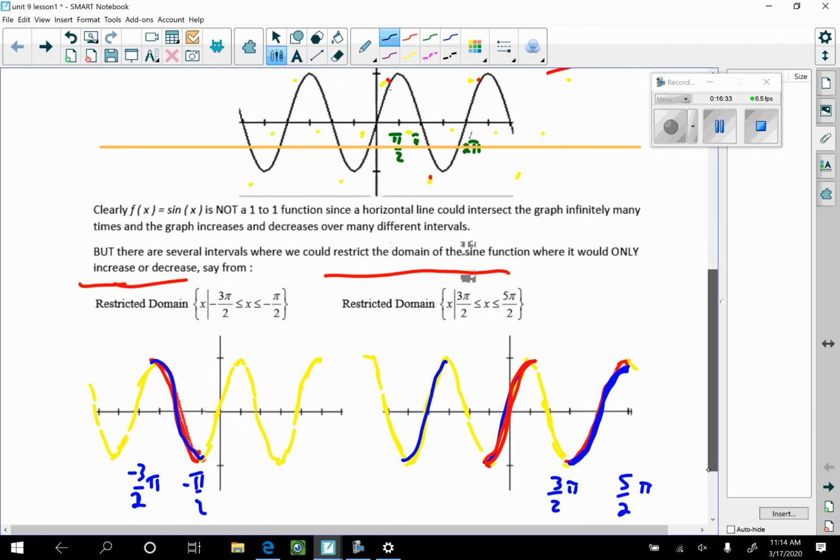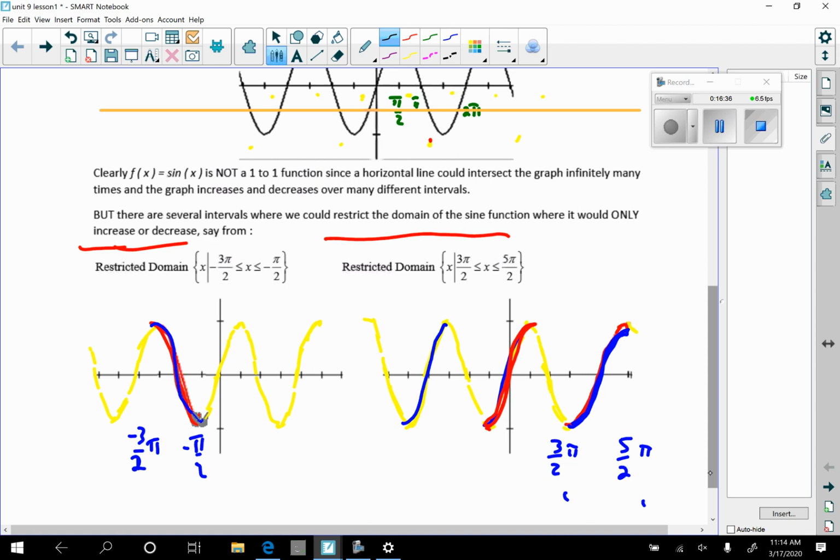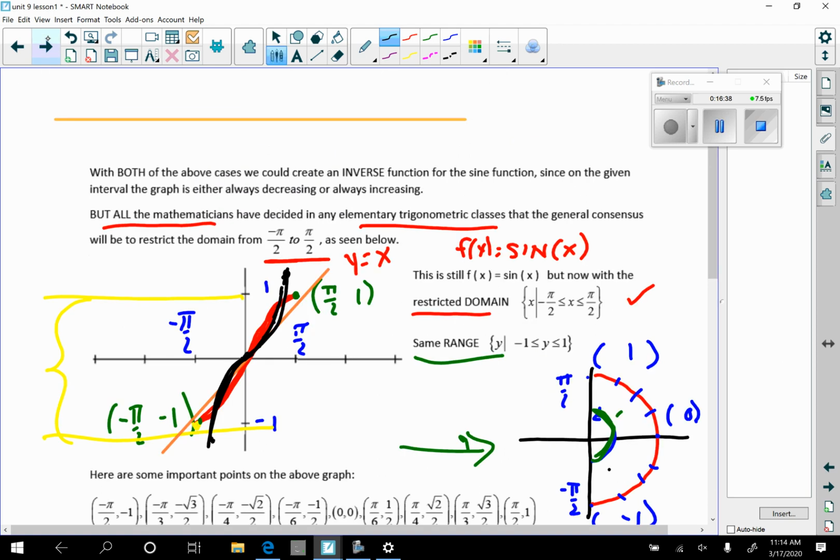Let's do one more thing before we close. If I come back here and think about this domain, what kind of creatures is the domain of sine? These are angle measures, and we know that. Angle measures given in radians.